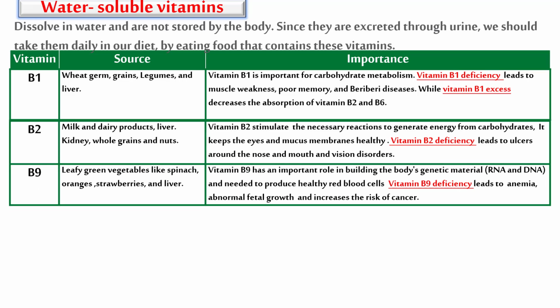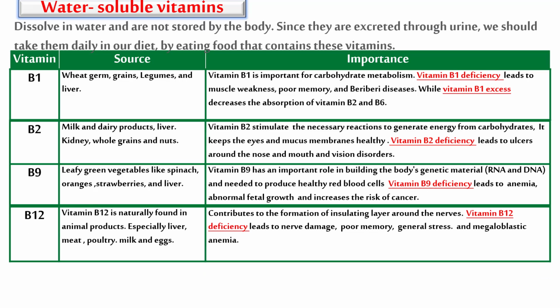Vitamin B9, which may be found in leafy green vegetables like spinach, oranges, strawberries, and liver, and is important in building the body's genetic material, such as DNA. Vitamin B12 is naturally found in animal products, especially liver, meat, poultry, milk, and eggs, and it contributes to the formation of the insulating layer around the nerves.